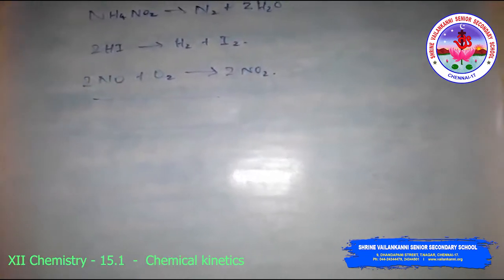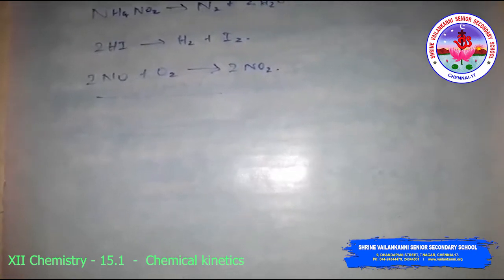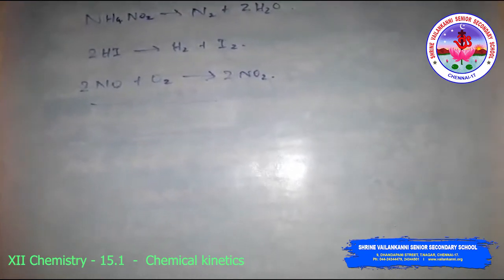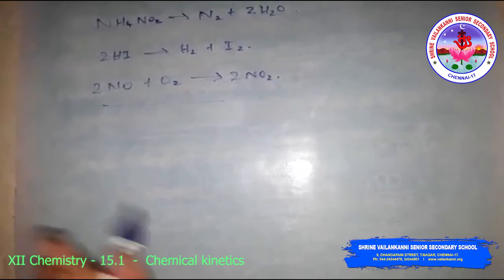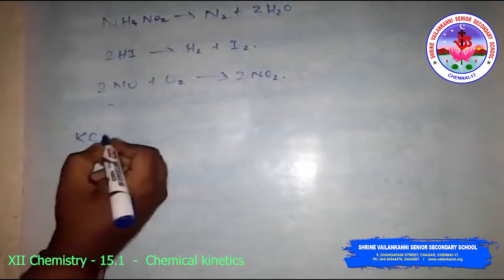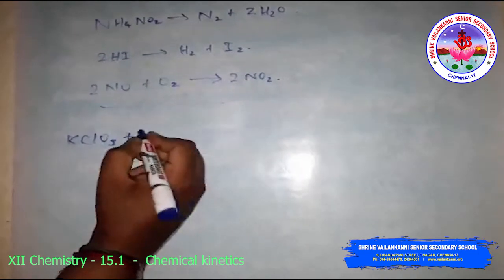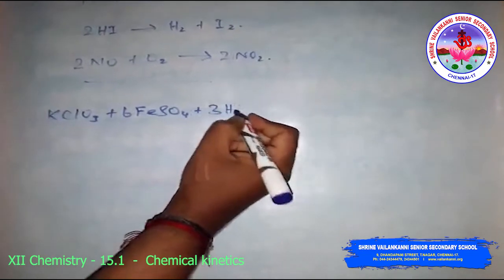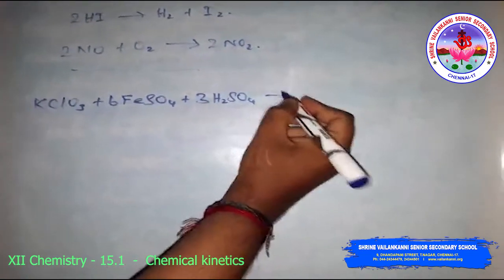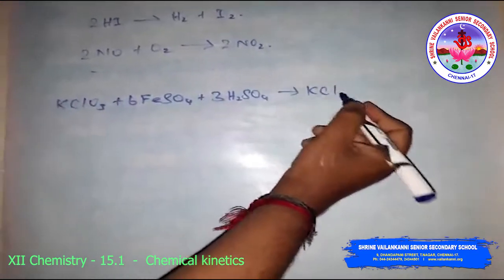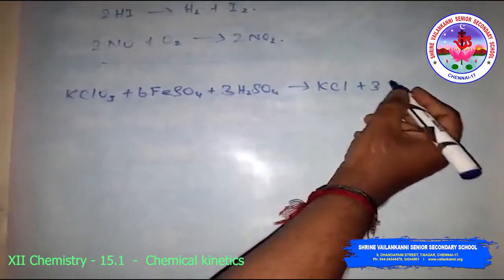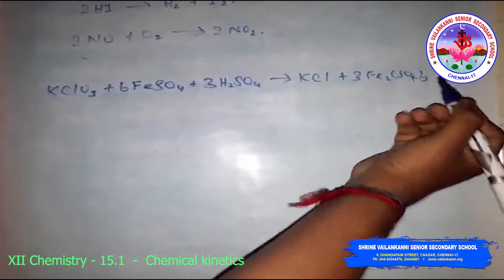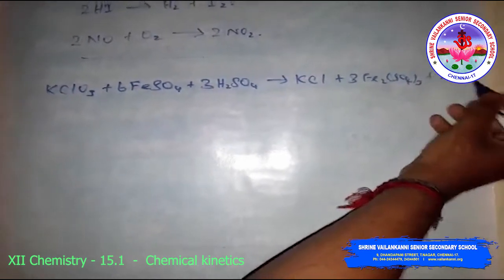Okay, in this case, therefore, the evidence is that a complex reaction involving more than 3 molecules in the stoichiometric equation must take place in more than one step. For example, potassium chloride reacts with 6 moles of iron sulfate in the presence of 3 moles of sulfuric acid to give potassium chloride, 3 moles of ferric sulfate Fe2(SO4)3 and 3 moles of H2O.